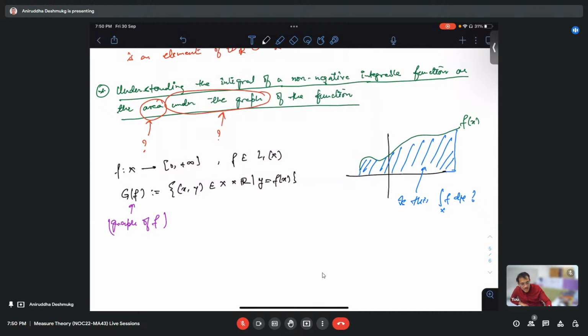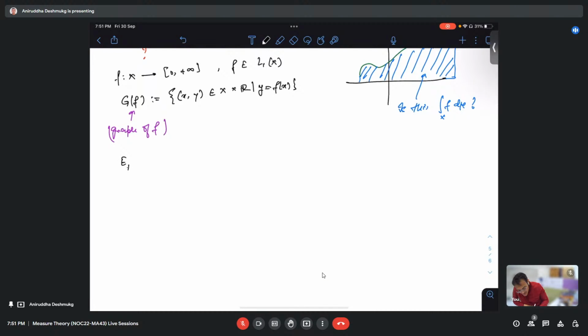For this, I'm going to define two sets. They are not very intuitive sets, but that construction is important in whatever we are going to analyze. One might ask why I am doing what I am doing, but that will be clear in a moment. So let me just write it first. Let us look at E lower star f as all those (x, t) in X cross R such that t is non-negative, I could have written [0, infinity) instead of R, and t is strictly less than f(x).